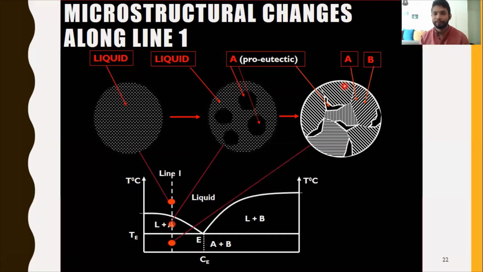Hope you understand. This is the structure along line 1, and if you draw the structure for line 2, the same thing happens, but you can change the color a little bit and draw the same thing. I will show you that as well. So pause the video and try to draw this on your own.